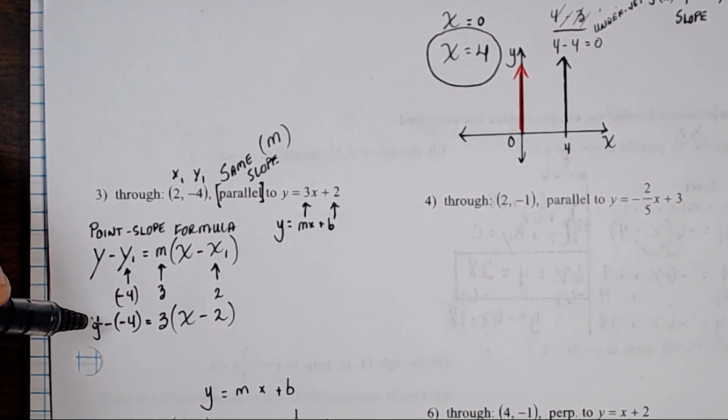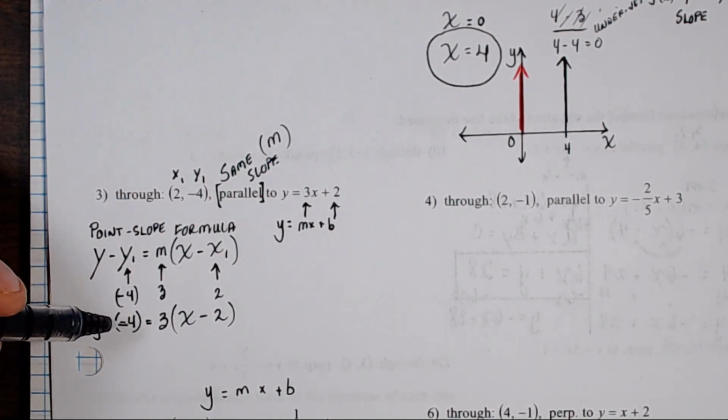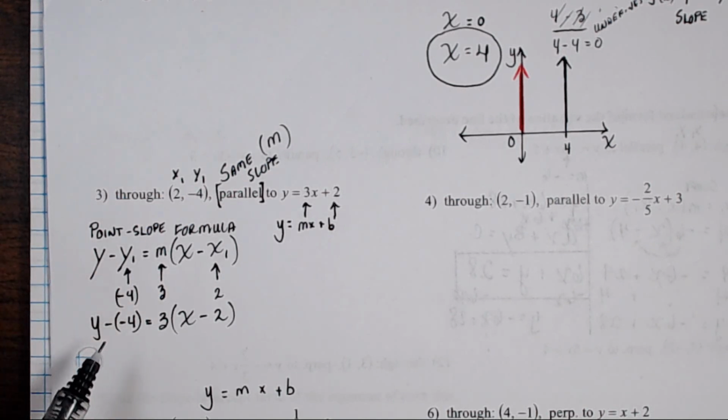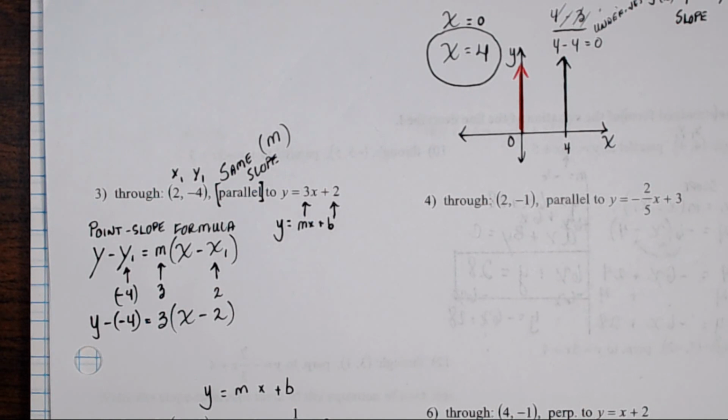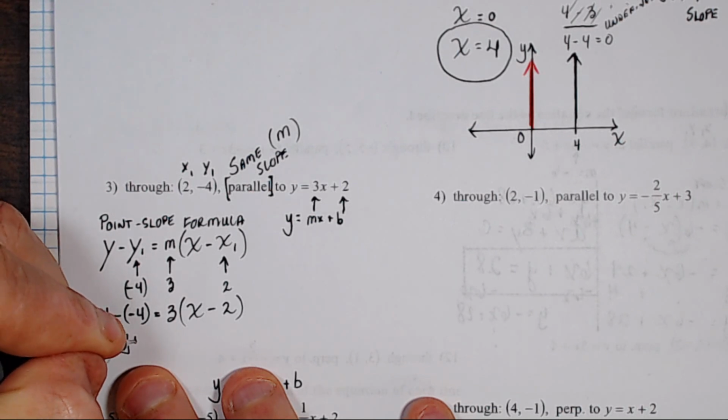What I'm trying to do is get y all by itself on the left side of the equation, and I want this to turn into y equals mx plus b form. We're almost there. The first thing I can look at is this y minus minus 4. Two negatives make a positive. So this is going to become y plus 4.